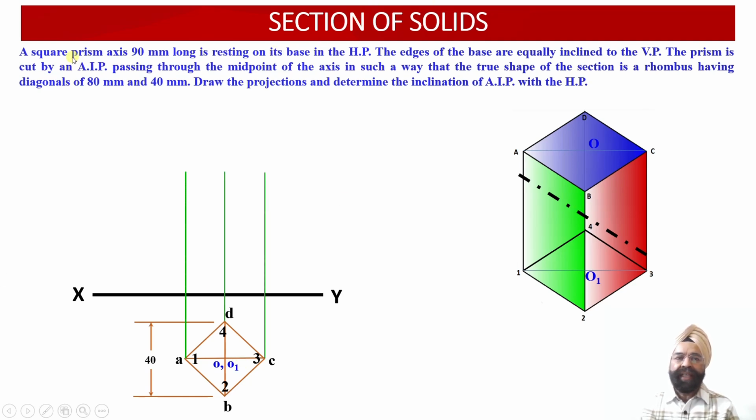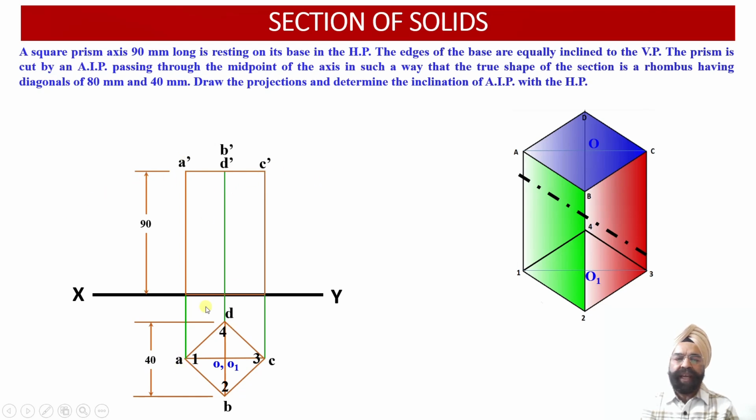Now we know that the height of the square prism happens to be 90 millimeter. So now we can mark the axis height equal to 90 millimeter over here. So now once we mark the axis height equal to 90 millimeter, the front view projections of the square prism we can obtain.